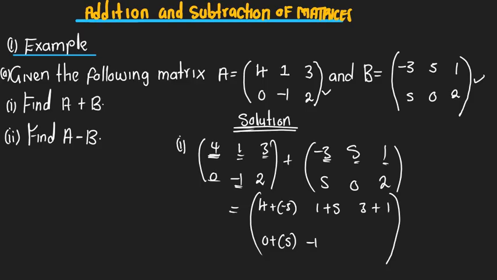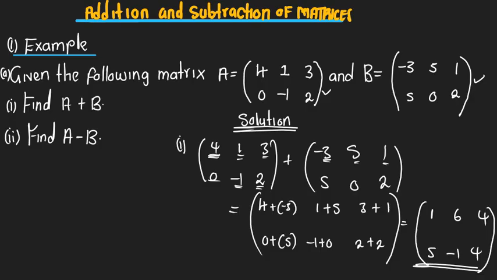Then this is going to be negative 1 plus 0. This is going to be 2 plus 2. And we expect that the matrix which is going to come out is going to be 4 minus 3, which is going to give us a 1. 1 plus 5 is going to give us a 6. 3 plus 1 is going to give us a 4. 0 plus 5 is going to give us a 5, negative 1, and a 4.